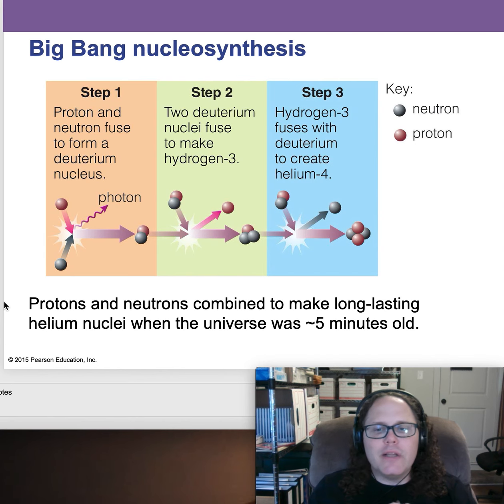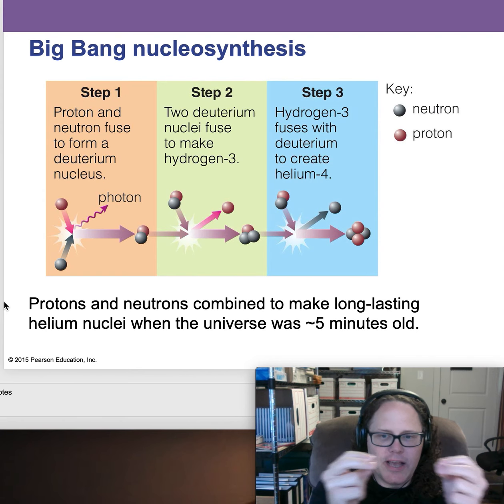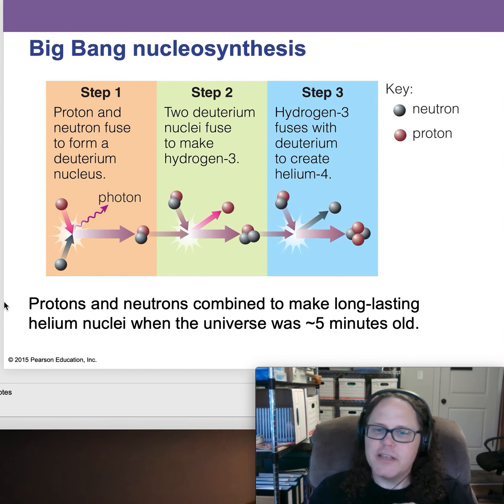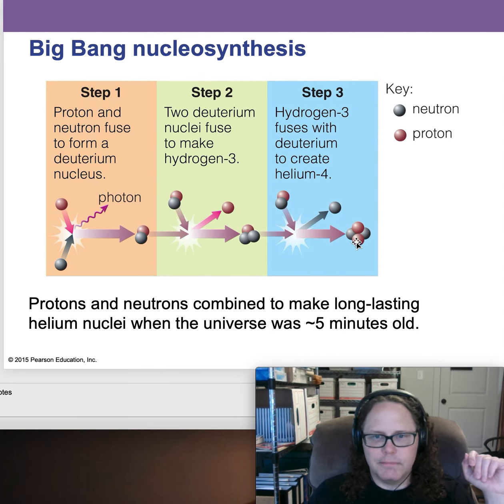Big Bang nucleosynthesis. Nucleosynthesis means the building up of heavier nuclei from lighter ones. This happened shortly after the Big Bang. Protons and neutrons combined to form deuterium, heavy hydrogen, and those deuterium, through a long process, built up to form helium.